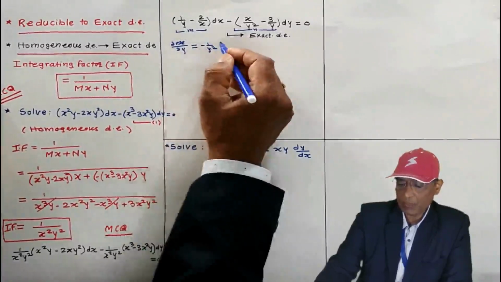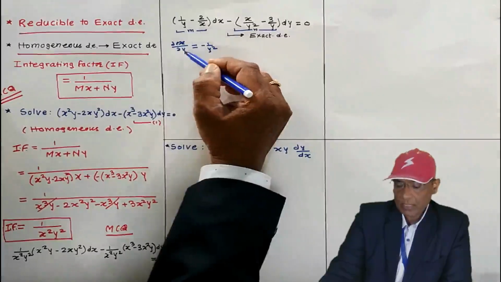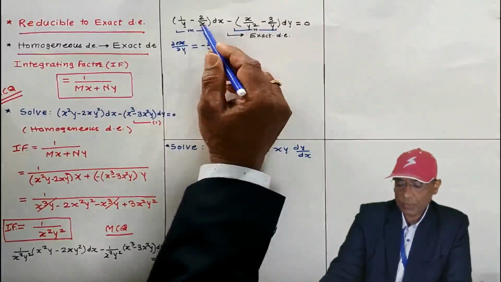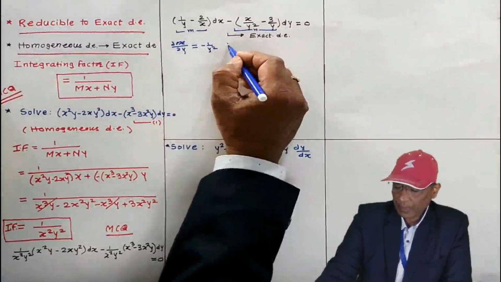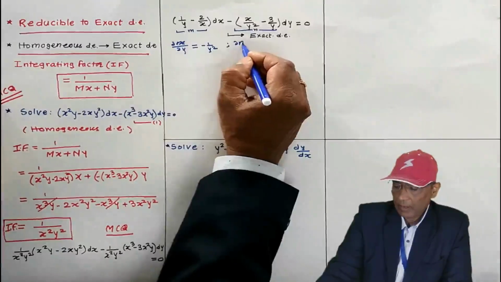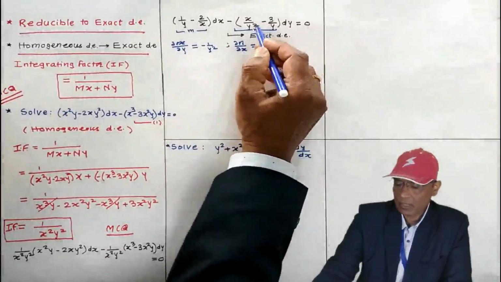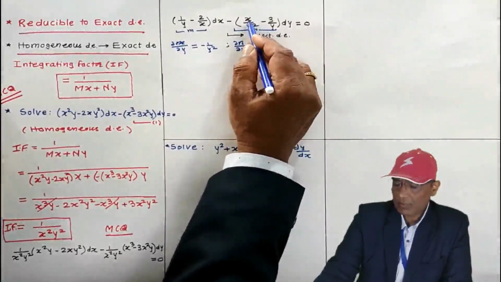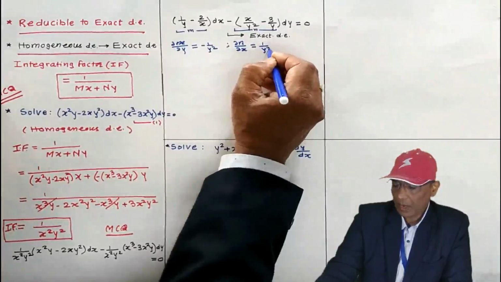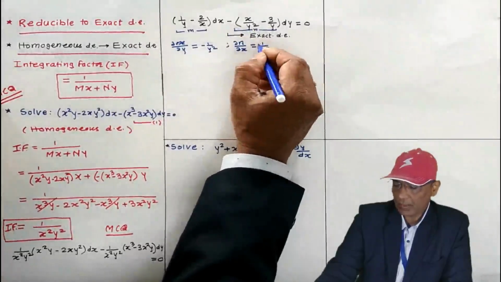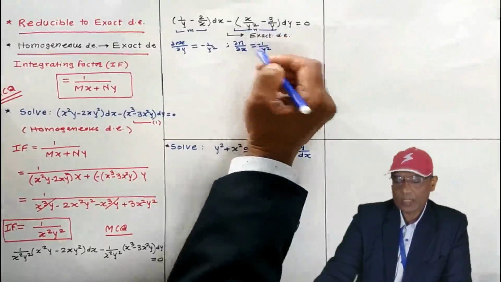Derivative of 2 by x with respect to y is 0, because x we treat as constant. Del n by del x, take derivative with respect to x keeping y constant. 1 by y square constant, derivative of x is 1, and this minus sign is there. Derivative of 3 by y with respect to x is 0.